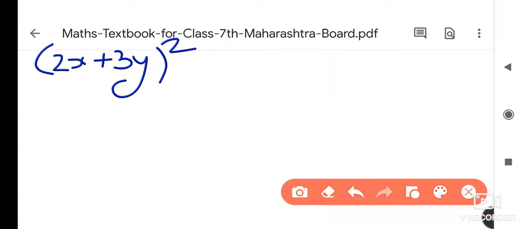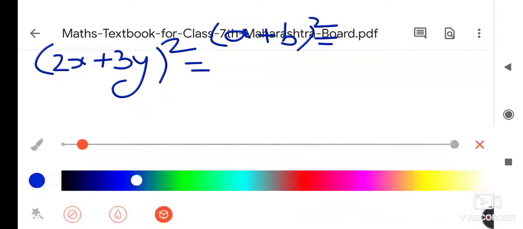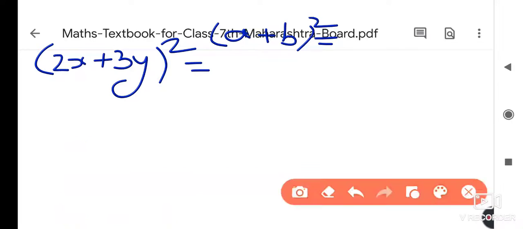First of all, it is in which form? (a plus b) whole square. What is its expansion? (a plus b) whole square is equal to a square plus 2ab plus b square.